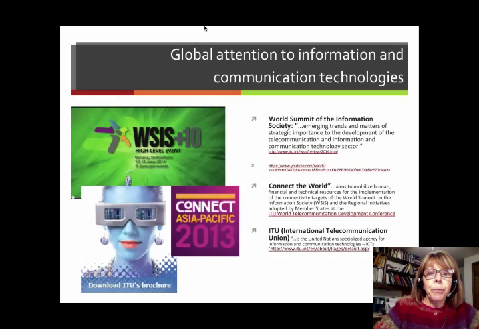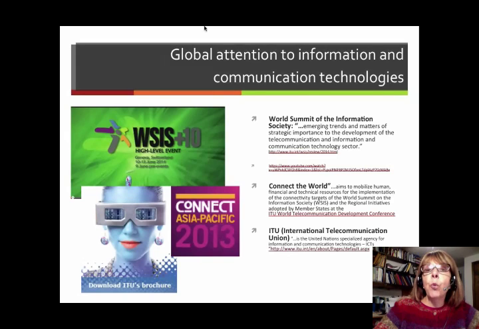And then the International Telecommunication Union is the ITU. You can look at their brochure and their website, but it is the United Nations Specialized Agency for Information and Communication Technologies, so that these are global issues being discussed by interested individuals from many countries, so multinational, and connectivity is not just a local issue, but something that has wider implications.